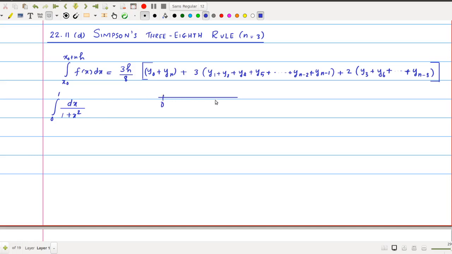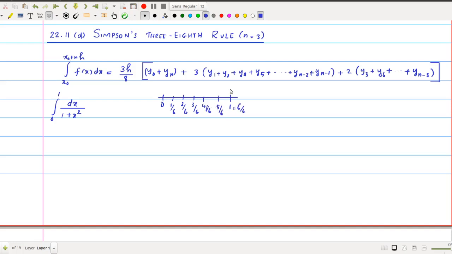In this case we split the interval with h equal to 1 by 6. So this is 1 by 6, this is 2 by 6, that is 1 by 3, this is 3 by 6, that is again 1 by 2, and 4 by 6, and this is 5 by 6, and 6 by 6, that is equal to 1.